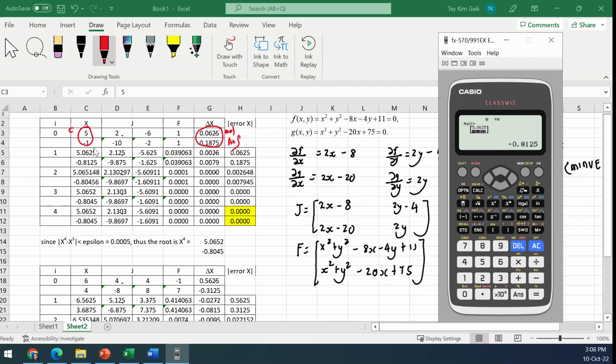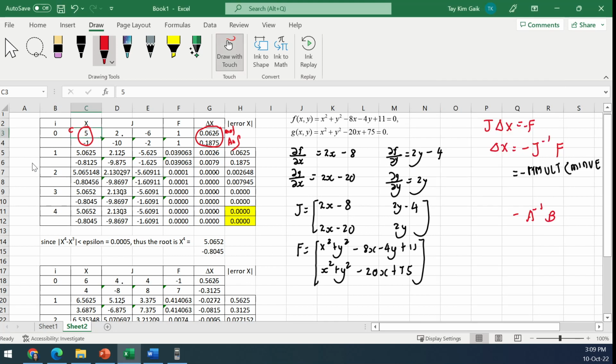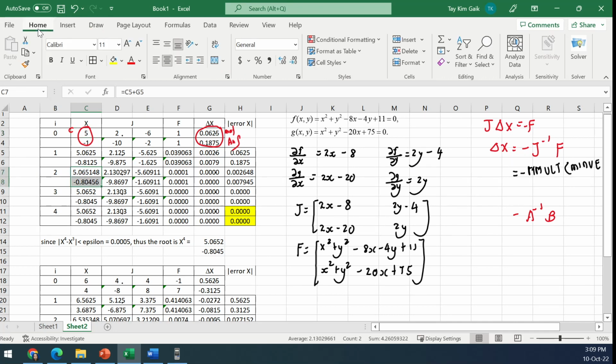So matrix C is updated. Then you clear. You take option matrix C, number 5, plus the previous answer. So you get 5.0653, second negative 0.8054.